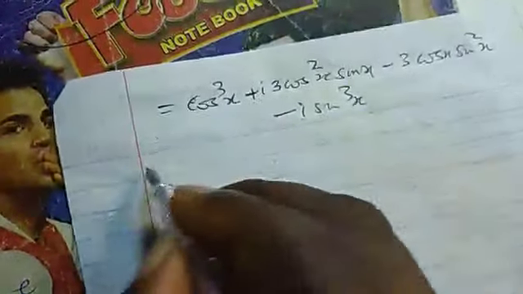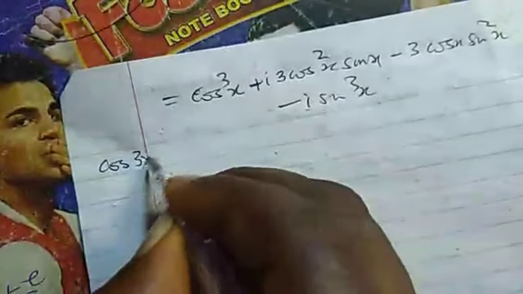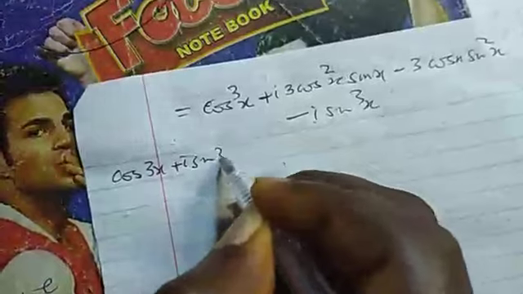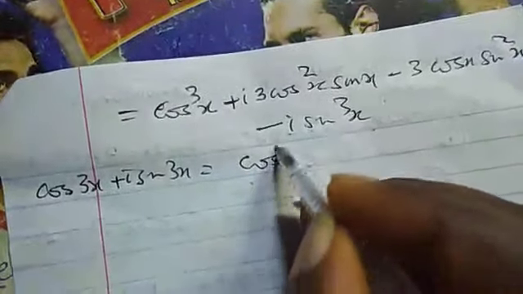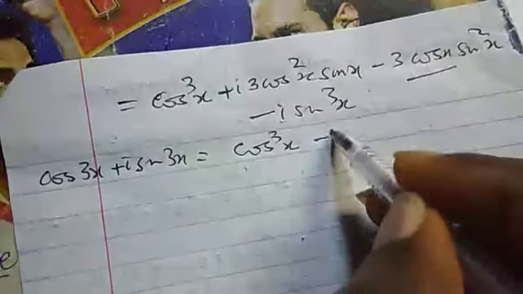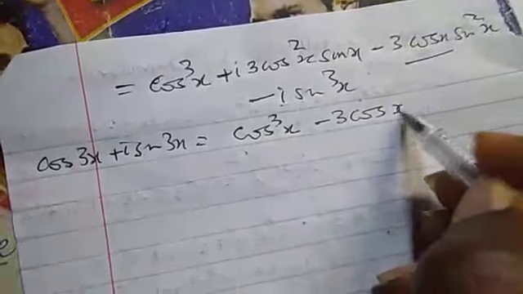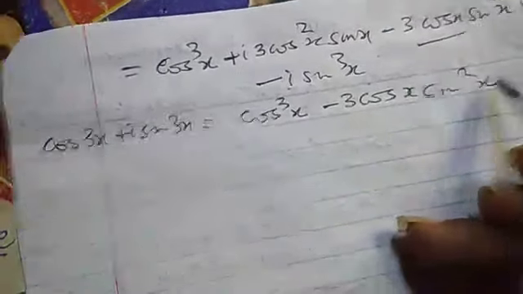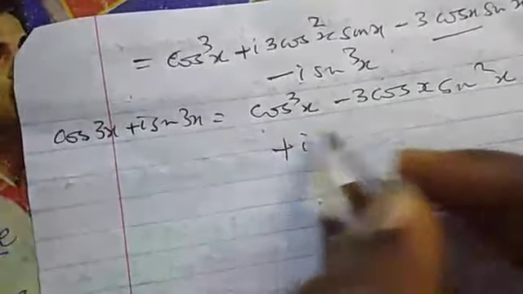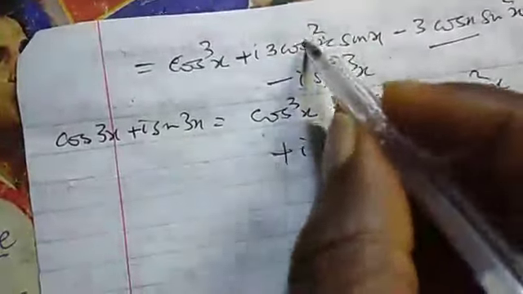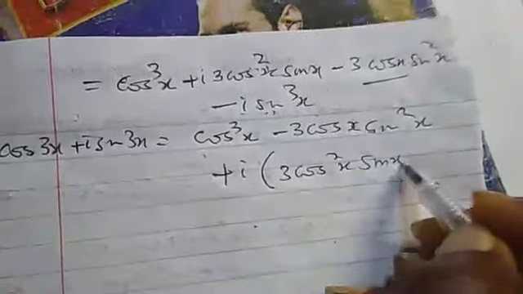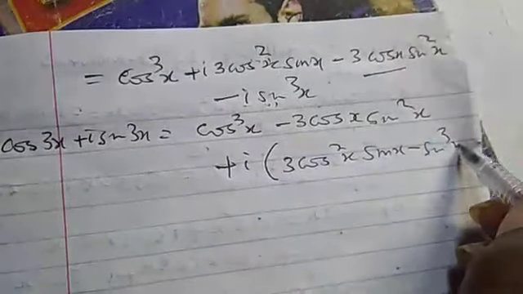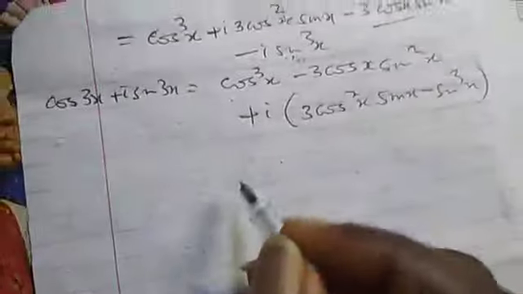So let's write out the real part. So what we have done is that cos 3s plus i sine 3s will be equal to, we bring the real part together, cos cubed s minus 3 cos s sine squared s, plus the imaginary part, i times 3 cos squared s sine s minus sine cubed s.